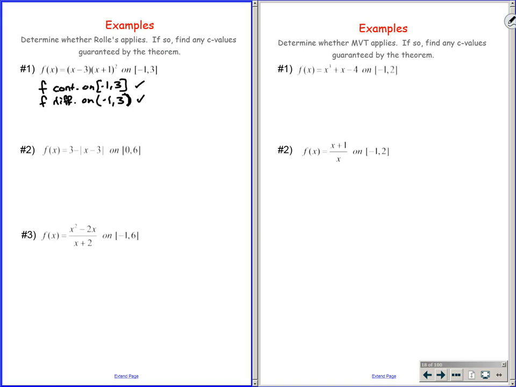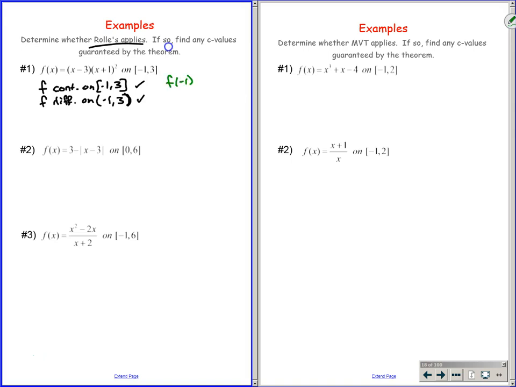What else has to be true for Rolle's? He's the special note at the very bottom. f of a must equal f of b. So we have to actually come off to the side and do a little bit of work. I'm going to do it not in red because that's my derivative color usually. How about this? Blue. f of negative 1 equals f of 3. Actually, I'm going to do green because it's old school, just plugging in algebra stuff. I have my algebra kid.